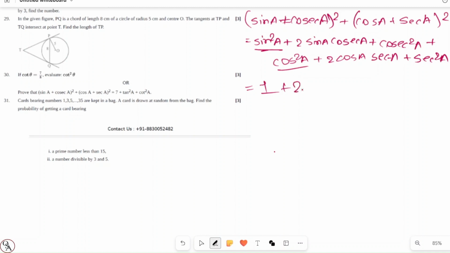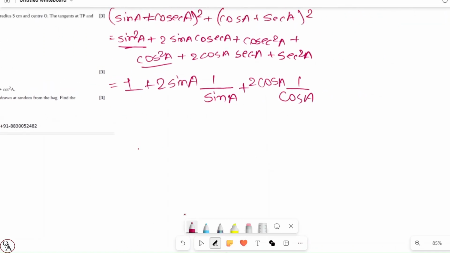For this, 2 sin A into cosec A is nothing but 1 upon sin A, and 2 cos A into sec A is nothing but 1 upon cos A. Plus sec square A plus cosec square A. So sin A is getting cancelled, cos A is getting cancelled.